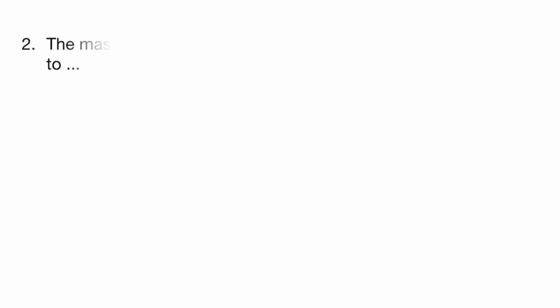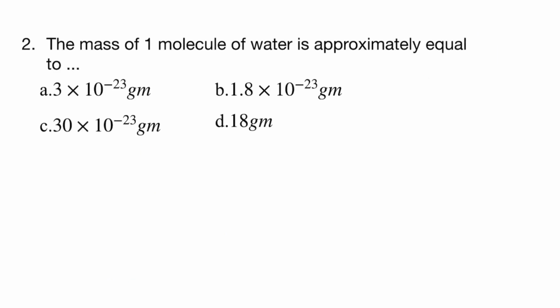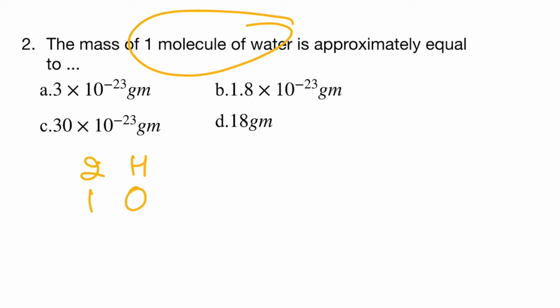Now let's check out problem number 2. What is the mass of 1 molecule of water? Water contains 2 atoms of hydrogen and 1 atom of oxygen. The 2 atoms of hydrogen have a mass of 2 units and 1 atom of oxygen is equal to 16 units. So the total mass of 1 molecule of water is 18 units.